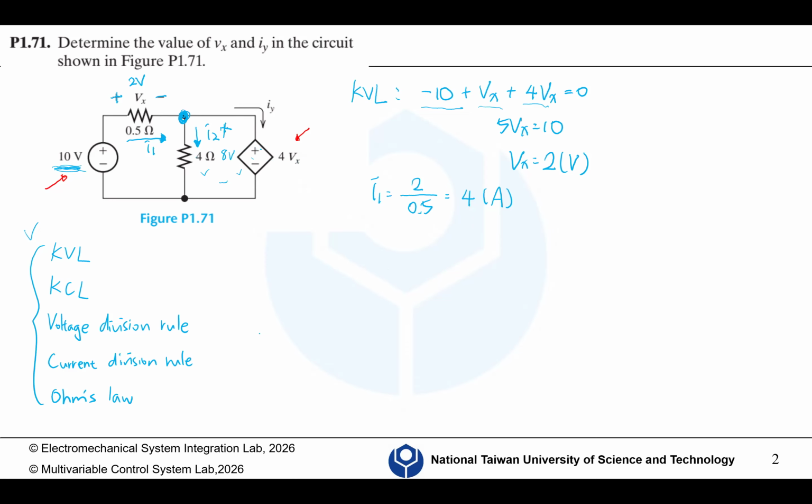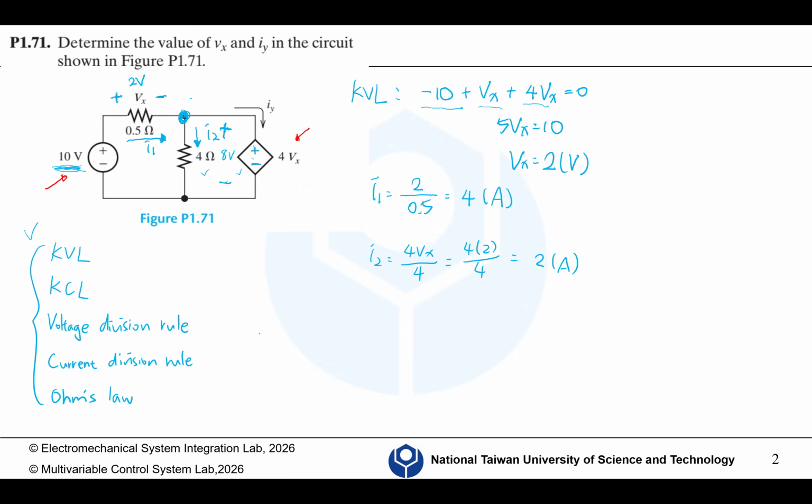And the polarities follow the polarities of this dependent voltage source. So we can calculate I2. I2 equals 4Vx divided by 4, which is 4 times 2 divided by 4, which is 2 amperes. Okay, we find I1 and I2.